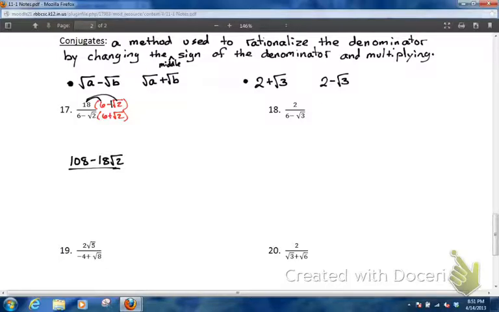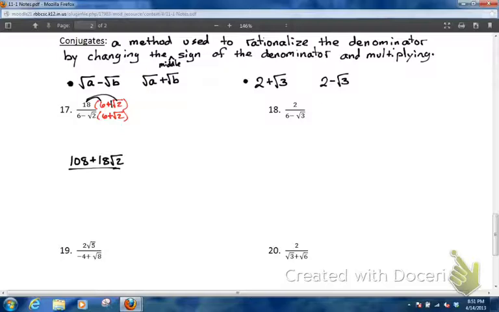This is 6 plus the square root of 2, because that's the opposite of 6 minus the square root of 2, which is what I just talked about. What you do with conjugates, change that middle sign. So that makes my numerator 108 plus 18 root 2. So as I was saying, back to the denominator.